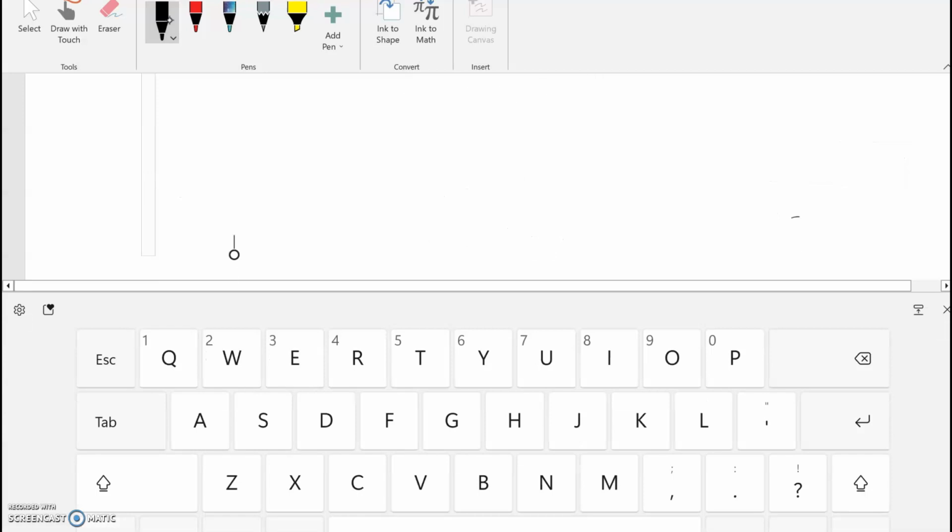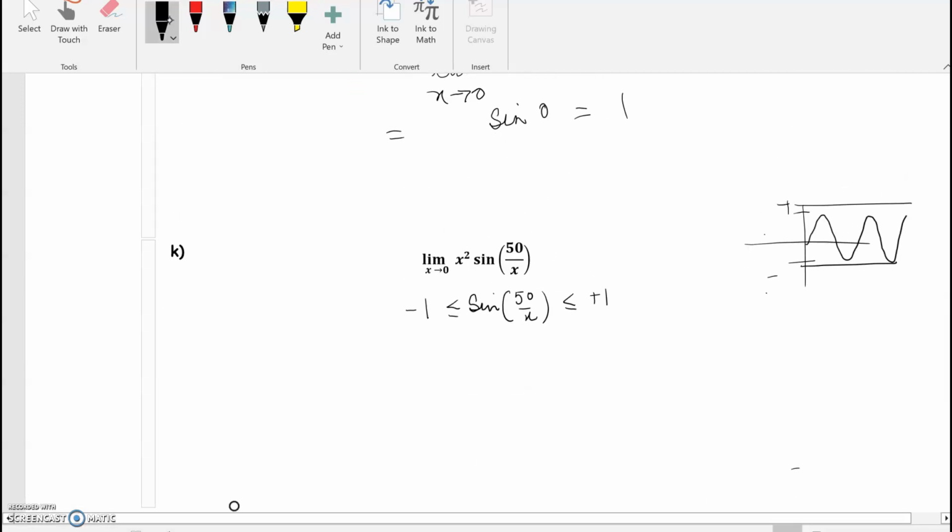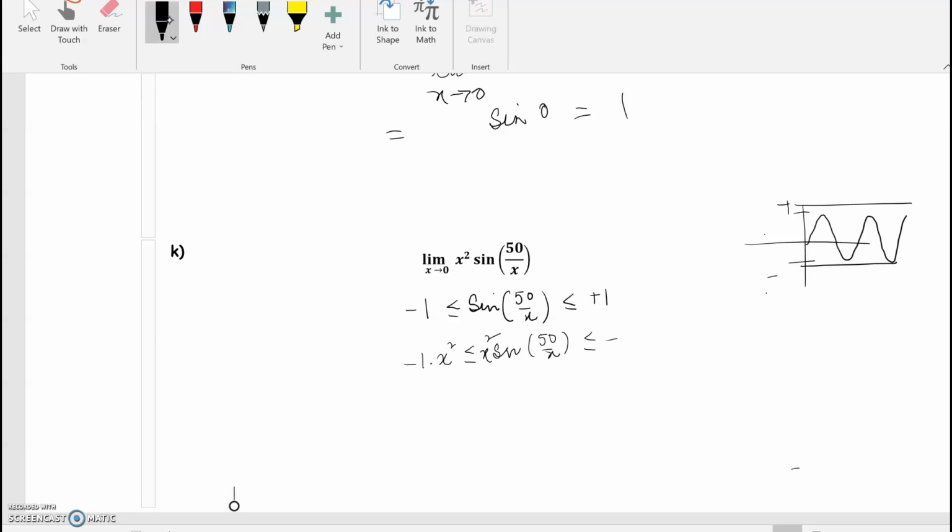So now the next step is to multiply throughout by x squared. X squared is a positive number, so I'm allowed to multiply it throughout without changing the sign of the inequality. So sine 50 over x less than or equal to +1 times x squared.